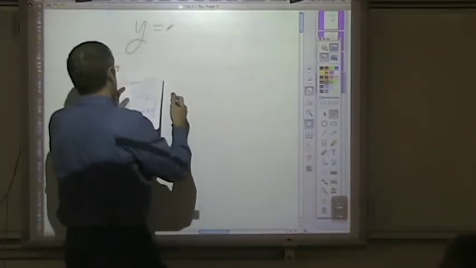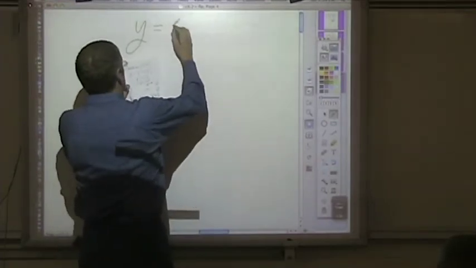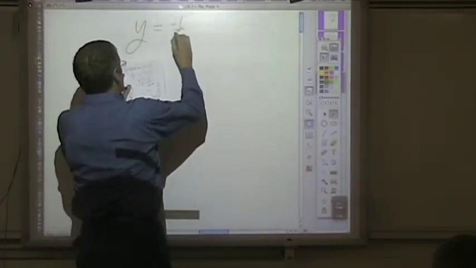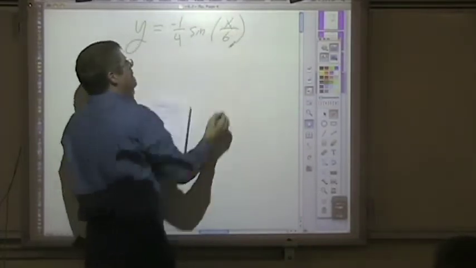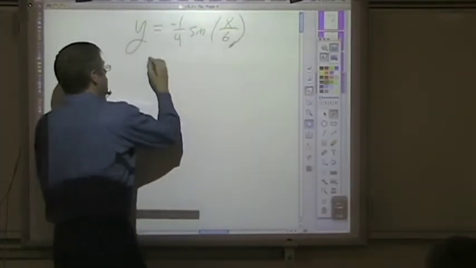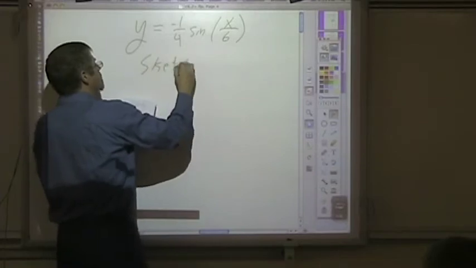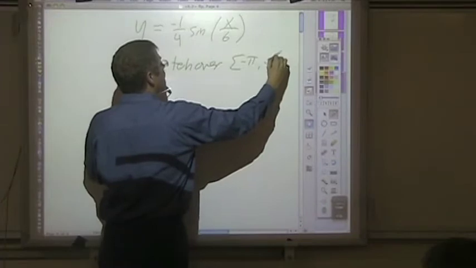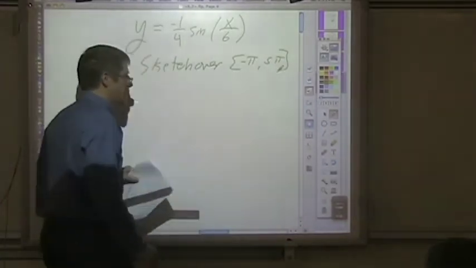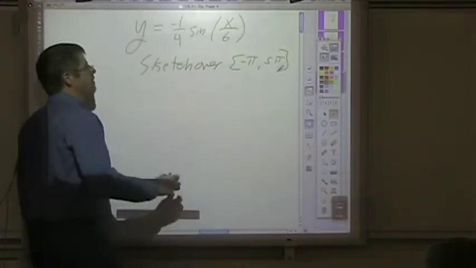This is a child of the sine x parent. It's negative 1/4 sine of x over 6. And we're going to sketch this over the interval negative pi to 5 pi. So, let's talk this through here.